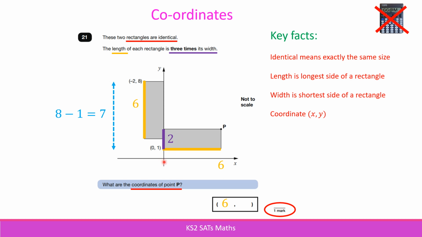So if I started off at (0, 1), and then I know this distance here is 2, if I do my y value, which is 1 plus the 2, takes me to this coordinate at the top here, which will be 3, which is on the same level as P, which means my y coordinate is going to be 3. So if I go across 6 and up 3, that will take me to point P.